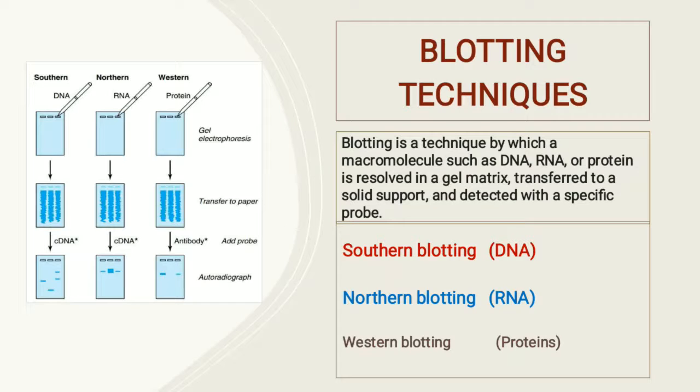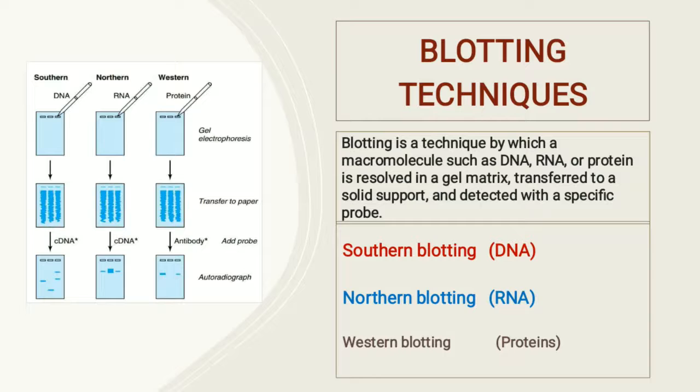For DNA, you will need to extract genomic DNA from the nucleus of the cell. And if you want to detect RNA or protein, you will have to isolate RNA and protein from the cytosol of the cell. So extraction is not the topic of discussion here. We will move onwards towards the blotting technique.